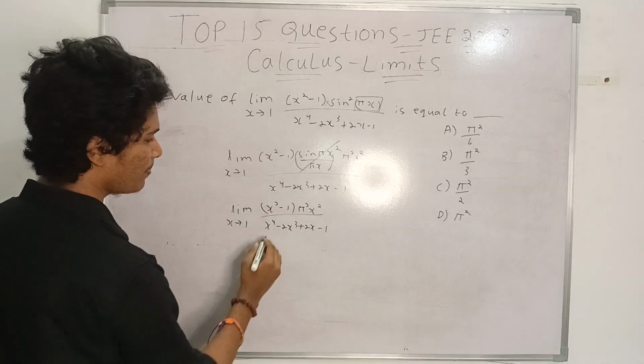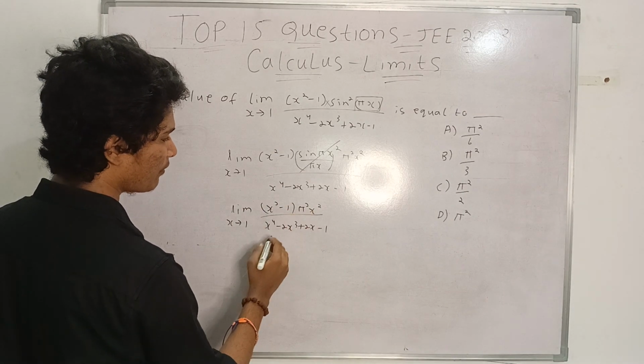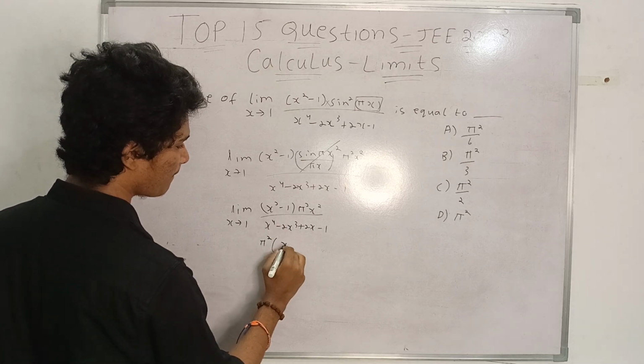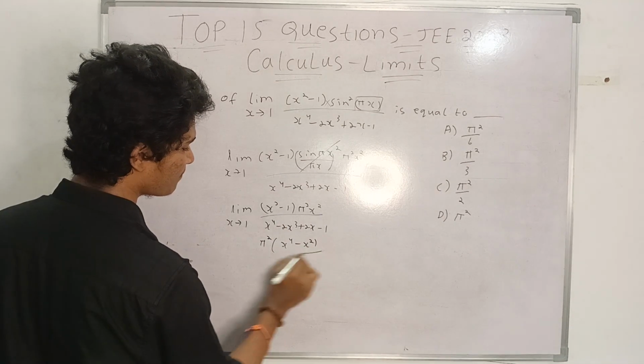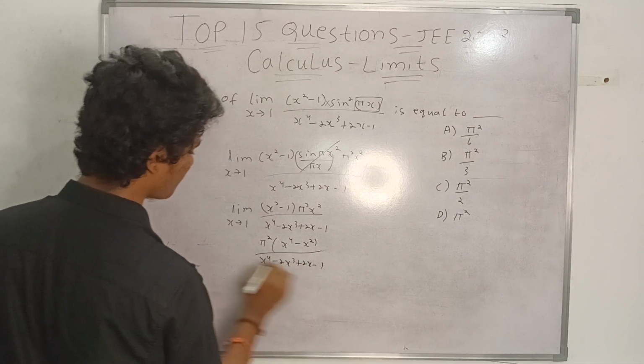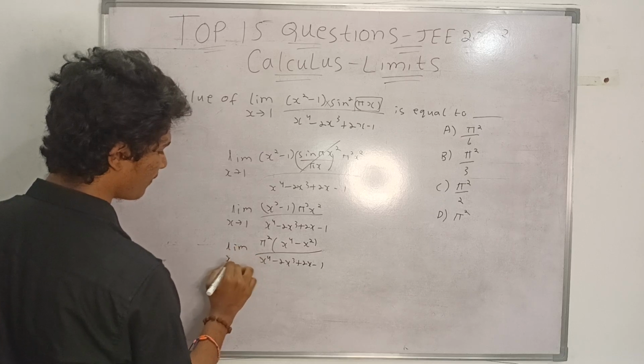When x tends to 1, what will it become? The pi square is constant here, and here it is x power 4 minus x square divided by x power 4 minus 2x cube plus 2x minus 1, limit x tending to 1.